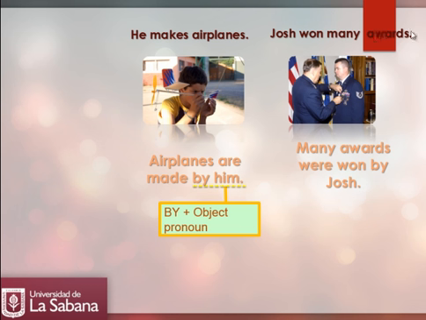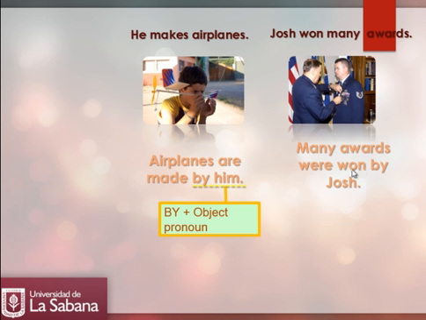So like we have said before, the subject and the object will exchange their places in the passive sentence. So we will start with many awards. So now we need to put the verb in the past participle form, and we need to add the past simple form of the verb to be before it.